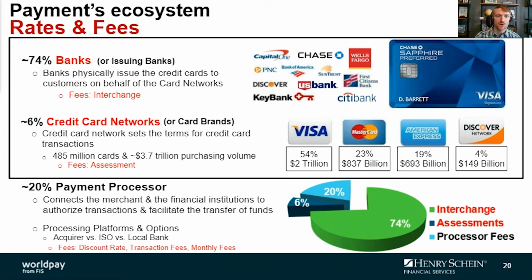And in doing so, our piece of the pie is about 20% of the 100%, which on your statements you'll see as the discount rate, transaction fees, or monthly fees. That's what we're associated with. On the statement itself, yes, it's 100% of the rates and fees, but about 80% of that is going to the banks and the card networks.